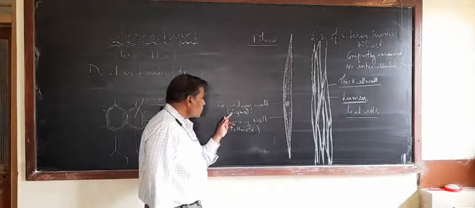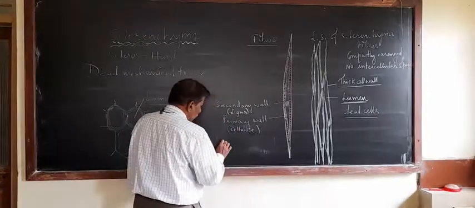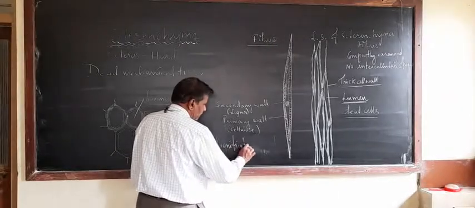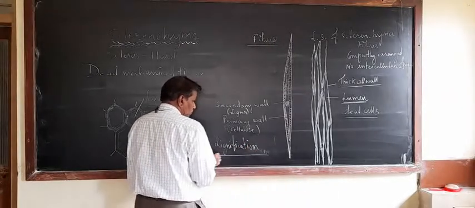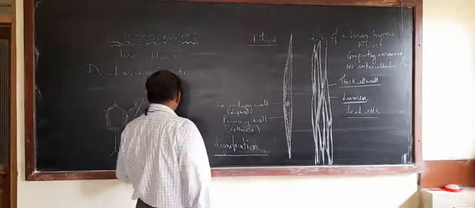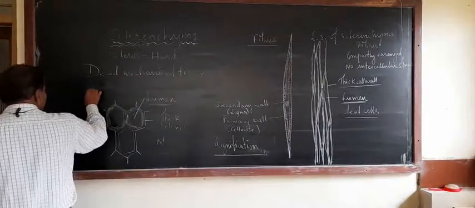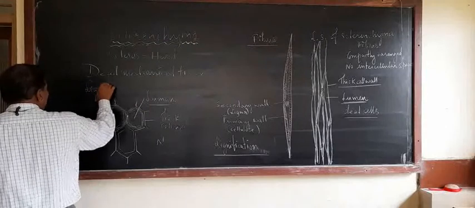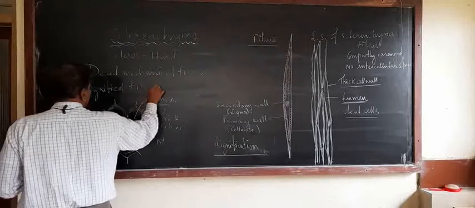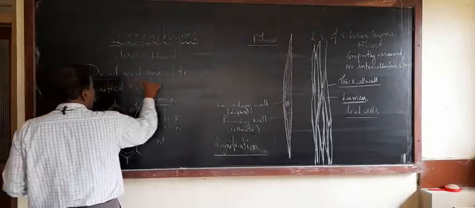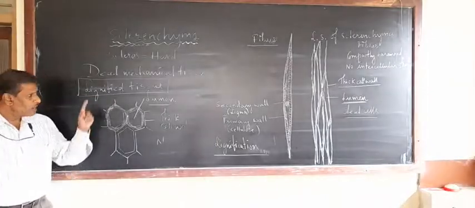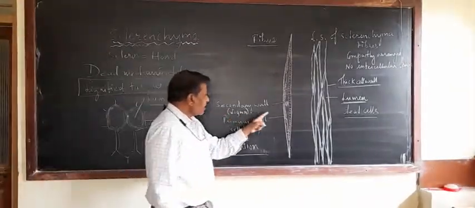This process of lignin deposition is called lignification. And we refer to Sclerenchyma as a lignified tissue. We call it a lignified tissue because it contains lignin in the cell wall.